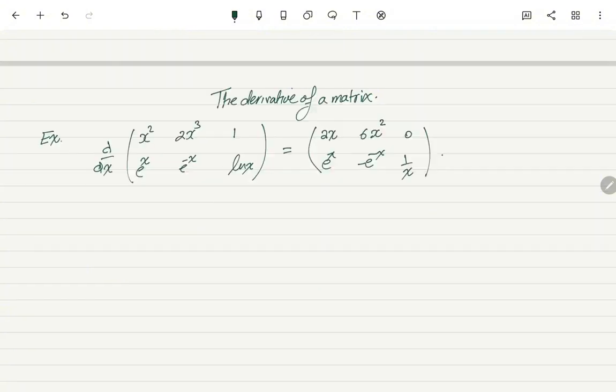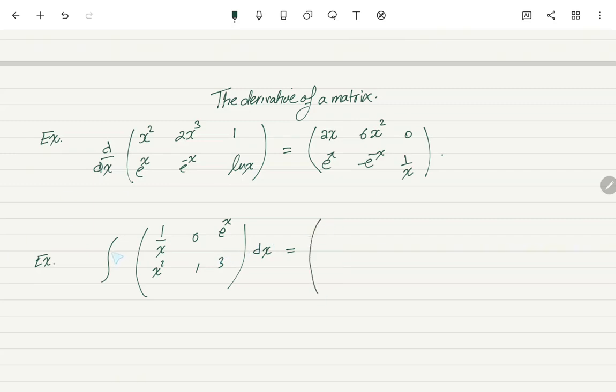The same rule is applied when we integrate a matrix. We apply the integration to each element of the matrix. Let's have this example. We would like to integrate each element of this matrix with respect to dx, and the integration will be a new matrix.